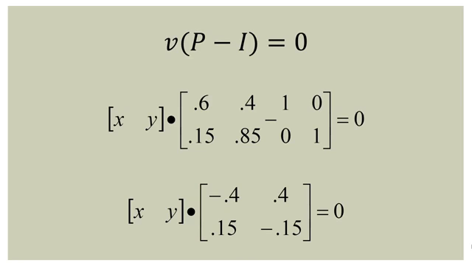Then we have 0.4 minus 0, both in the top right, and so on. Then on the bottom, we have 0.15 minus 0, and then 0.85 minus 1. That's all we did there. So now we have a new matrix inside the brackets. We still have our probability vector on the left-hand side, and that's all set equal to 0.